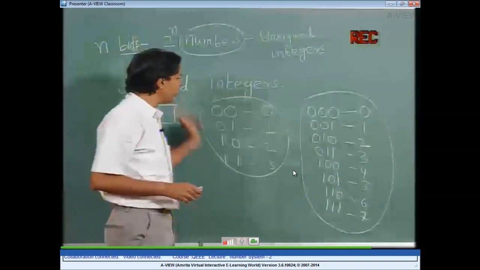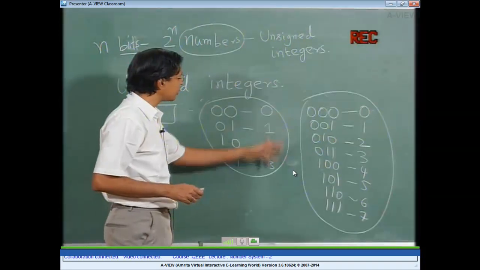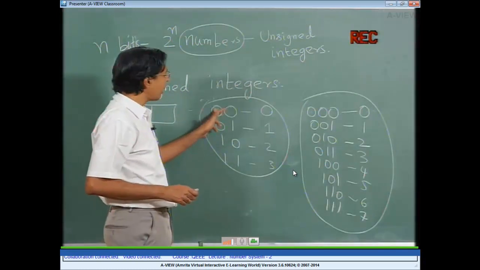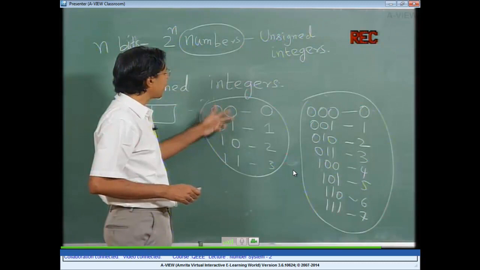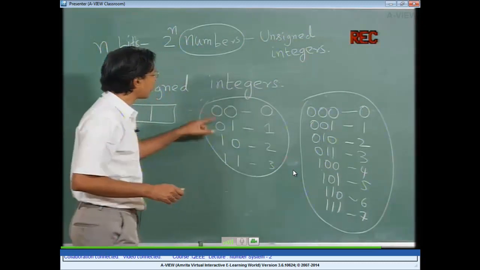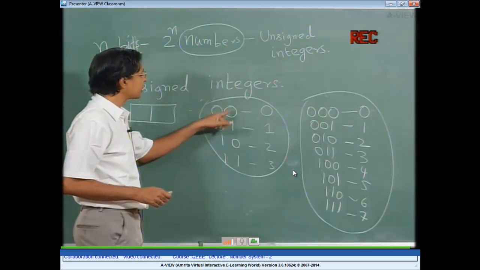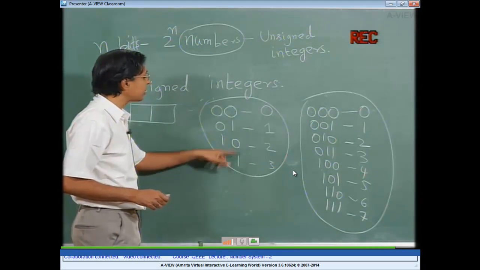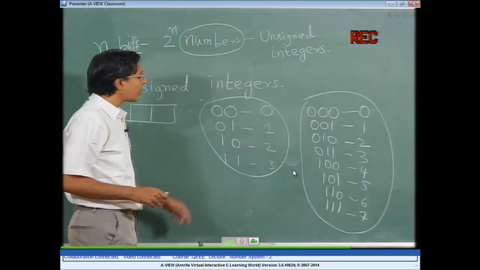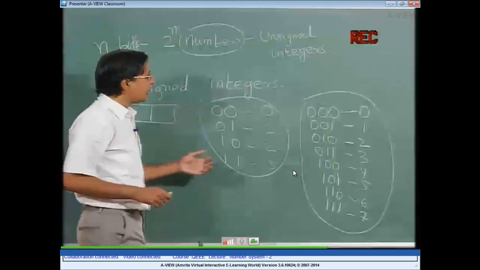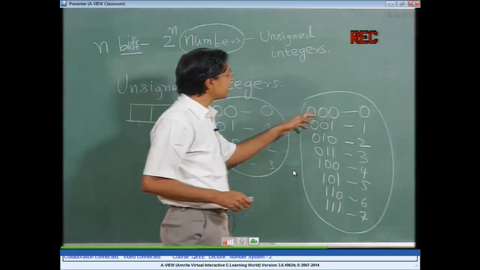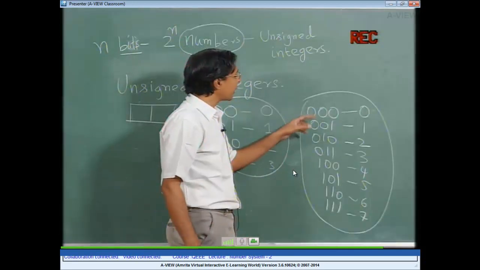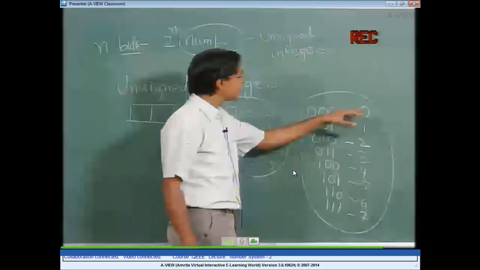So if I have 2 bits, I have 2 into 2 possibilities, which is 4, because the first bit can take 0 or 1, and for each of these the other bit can take 0 or 1. So I assume the first bit is 0, the second bit takes 0 or 1. I assume the first bit is 1, the next bit takes 0 or 1. Like this, if I have 3 bits, since each can take one of two values, totally I have 2 into 2 into 2, which is 8.